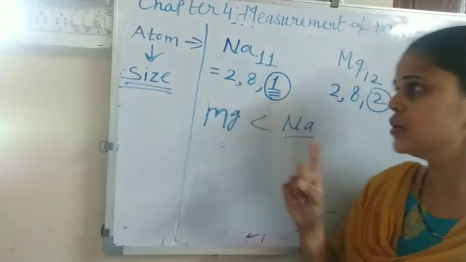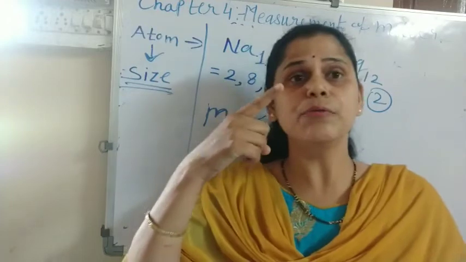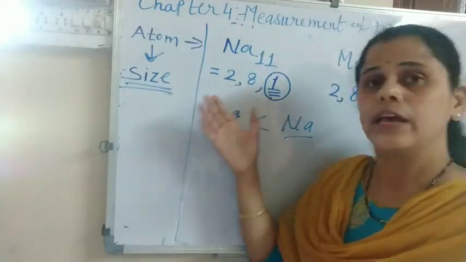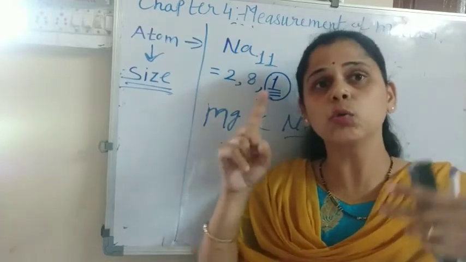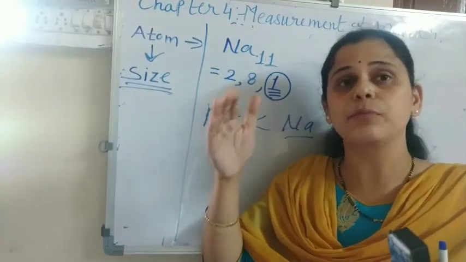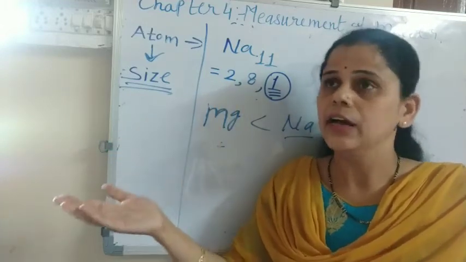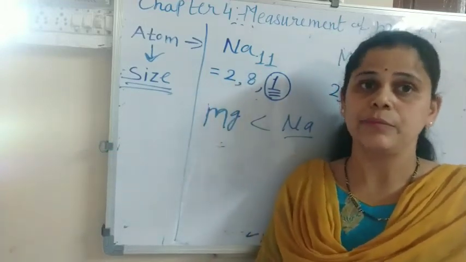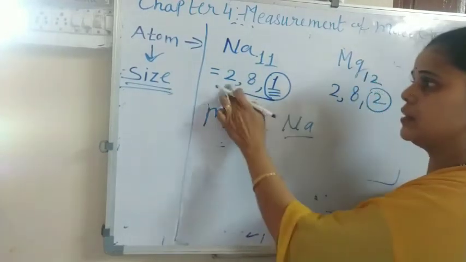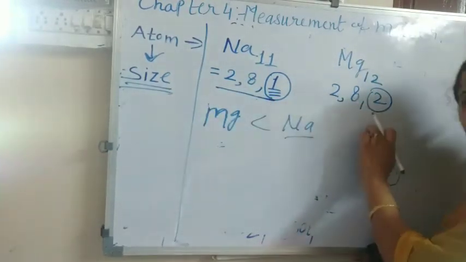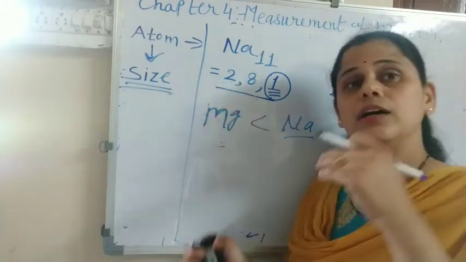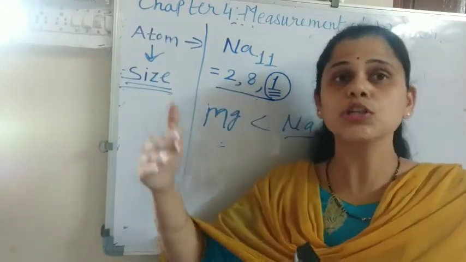Okay, so first check the number of orbits. To compare two atoms, if the number of orbits or number of shells is greater, then that atom is greater than the other atom. But if the number of orbits is the same, here 3 orbits, 1, 2, 3, then check the electrons in the outermost shell.